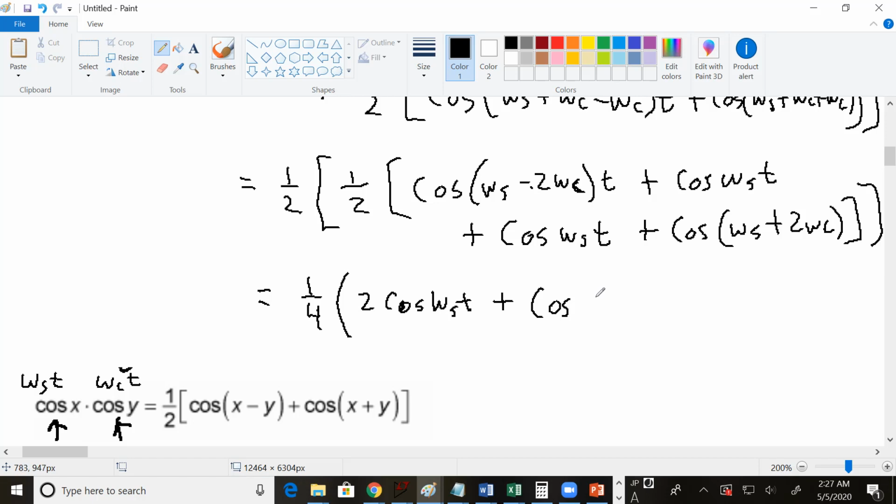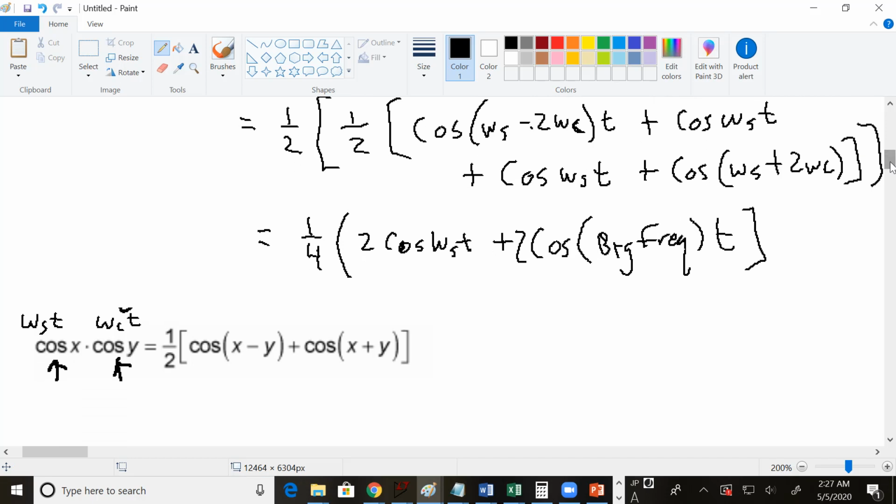So these both show up as big frequencies times t. You could put a 2 on there, so 2 times big frequencies. So what you get is you get your original signal back.